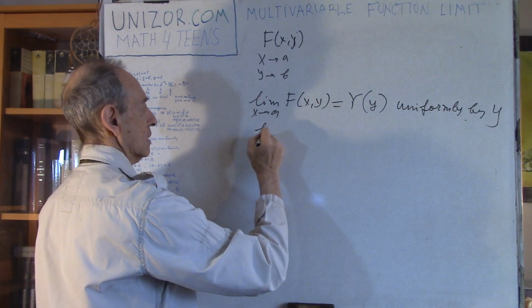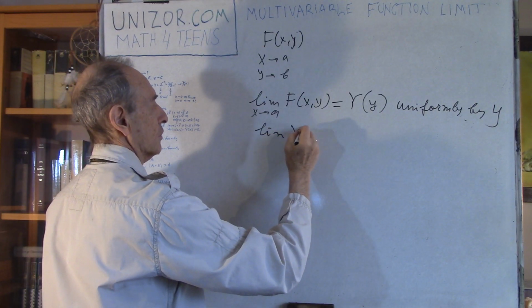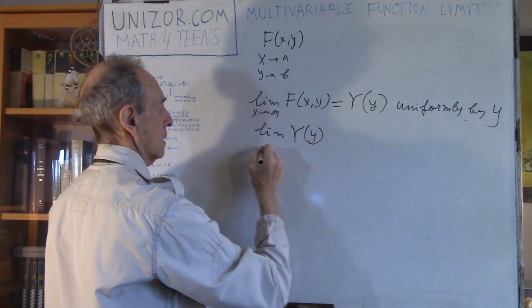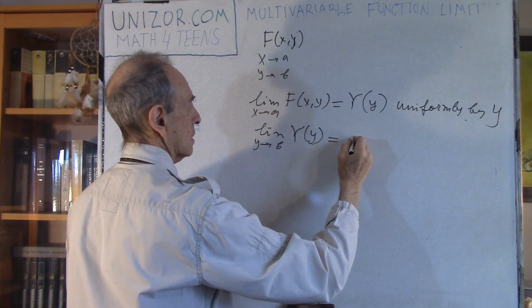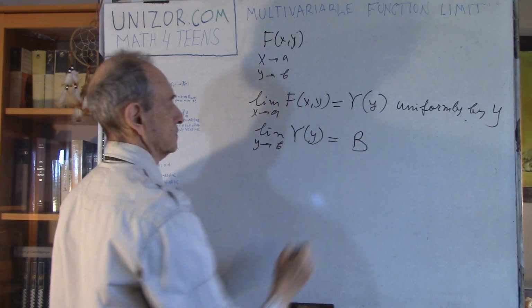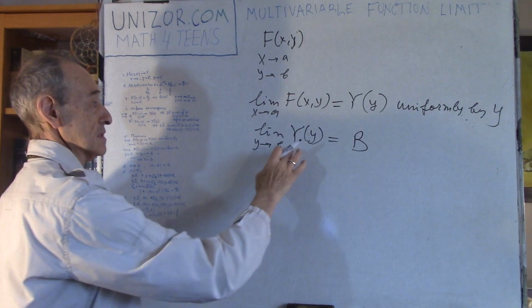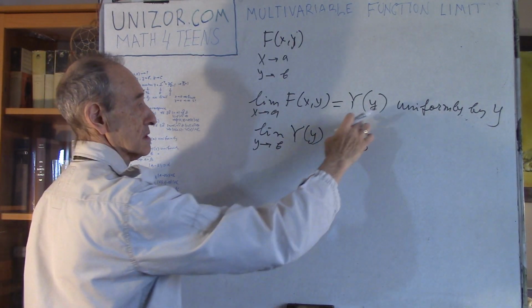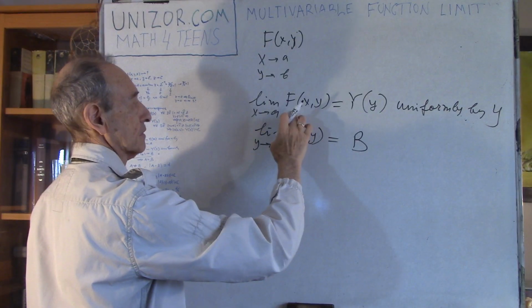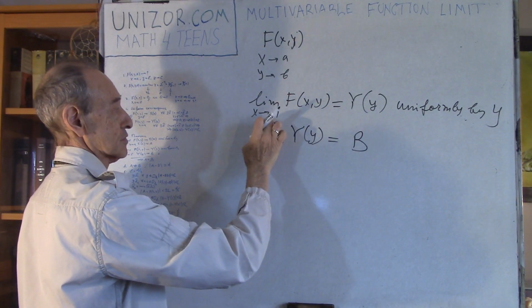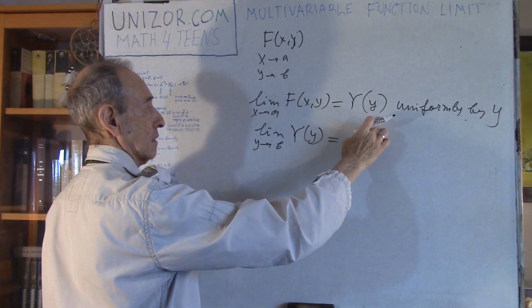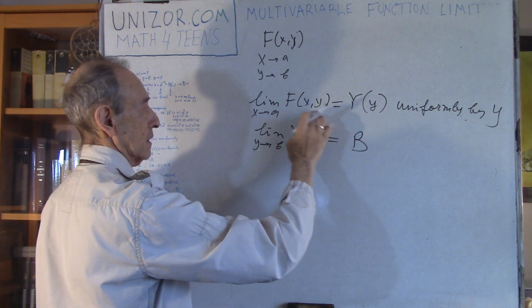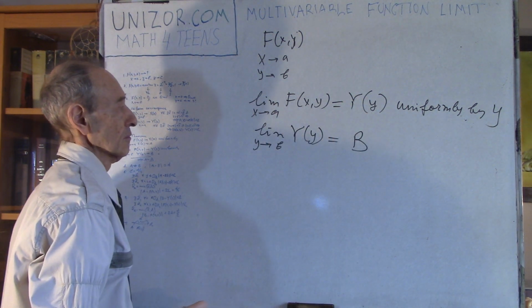Now let's say the limit of that function of y as y goes to b is, let's say, b. Now this is normal: the limit of a function of two arguments, if one goes to a certain value, is a function of the other argument, depending on y, that would be a different value.